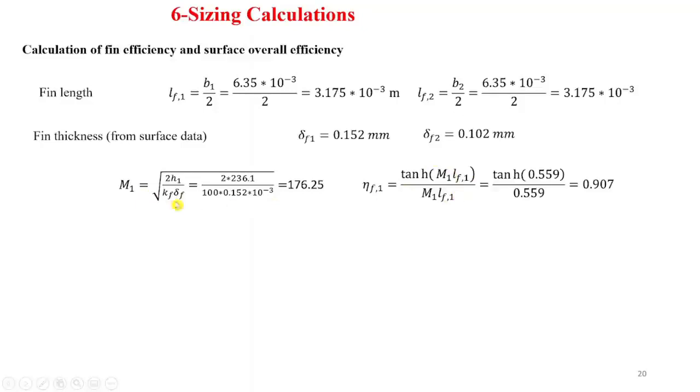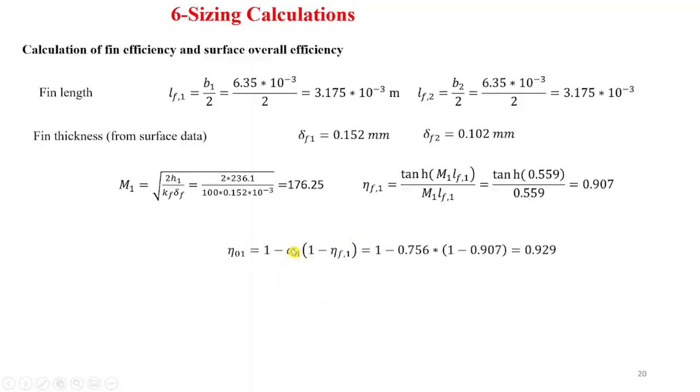So M1 is going to be the square root of 2 times H1 divided by the thermal conductivity of the fin, divided also by the thickness of the fin, which for side 1 is going to be this value, and then you multiply this value by the length of the fin, and you take the tanh and you divide it by the value of M1 L1, so you get the fin efficiency to be 0.907, from which you can also calculate the overall surface efficiency, which is given by this expression: 1 minus omega.